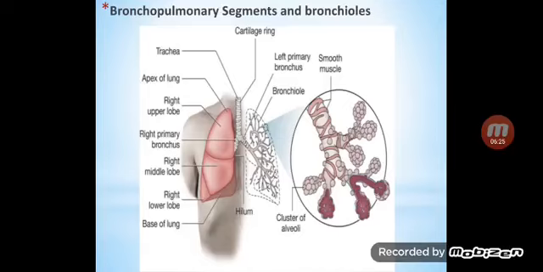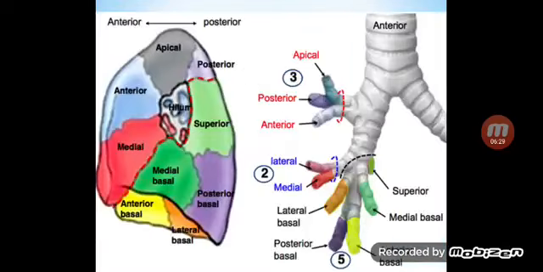If we want to understand the bronchopulmonary segments in the right lung and left lung, for example, someone may ask, what are the bronchopulmonary segments in the right lung? As this slide shows, in the right lung we have a superior lobe, middle lobe, and inferior lobe.